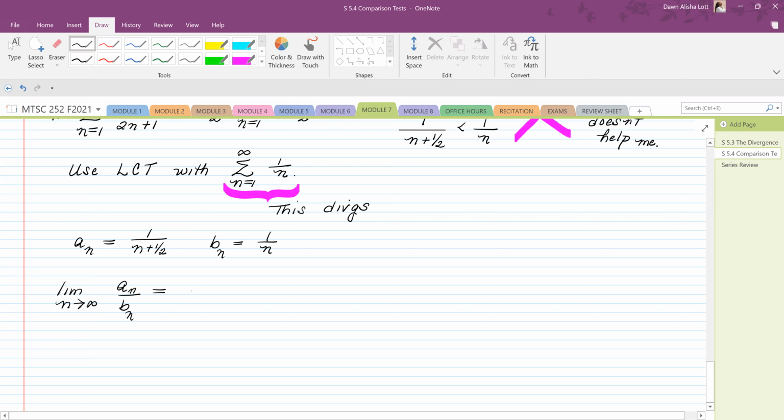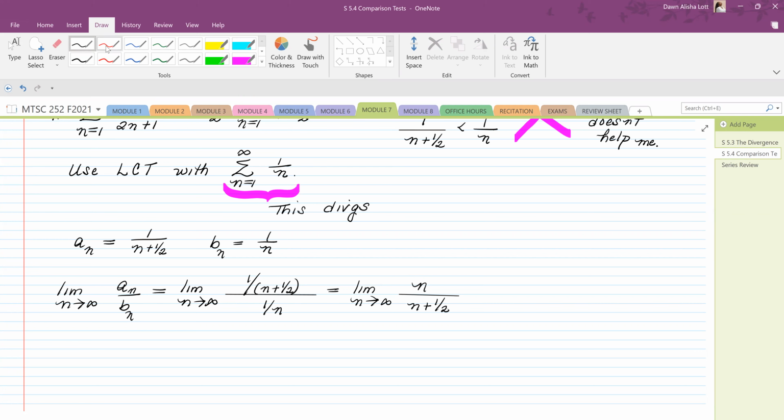So that's the limit as n approaches infinity. An is 1 over n plus 1/2, divided by 1 over n. So that's the limit as n approaches infinity of n over n plus 1/2. I'm going to use L'Hopital's rule. Oh, before I use L'Hopital's rule, let me show that you get infinity over infinity.